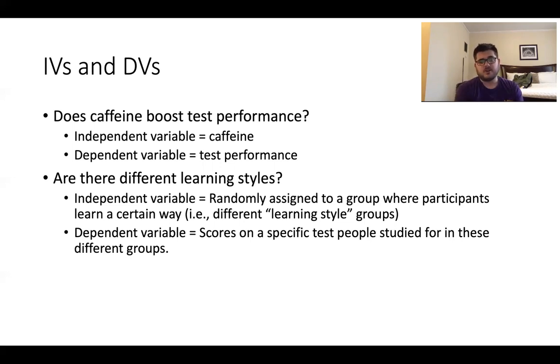And the independent variable would be, did you learn based on your learning style or did you not? Are you a visual learner, but you learned with a kinesthetic learning routine instead of the visual routine, which you would have been better at?